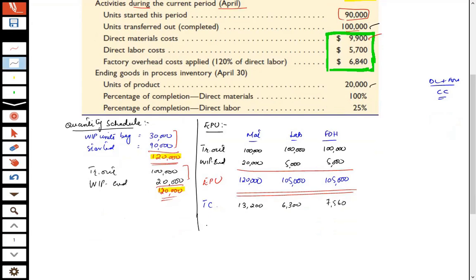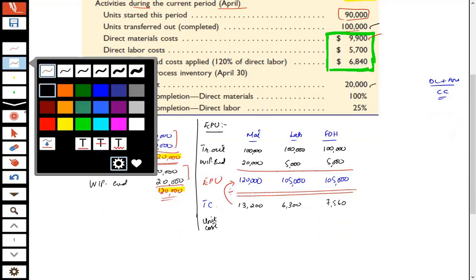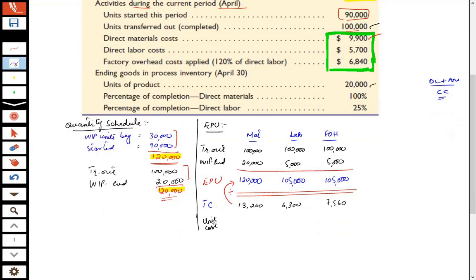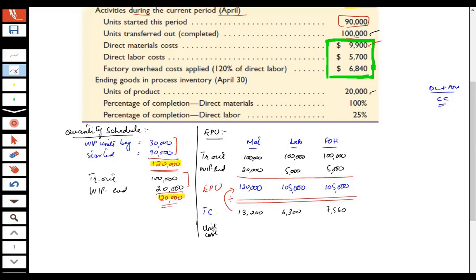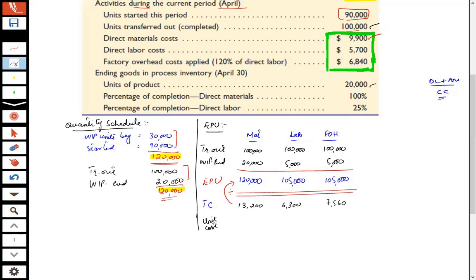And unit cost. You basically have to divide it with the EPU, just divide by this. Can you calculate? Material, $9 per unit.